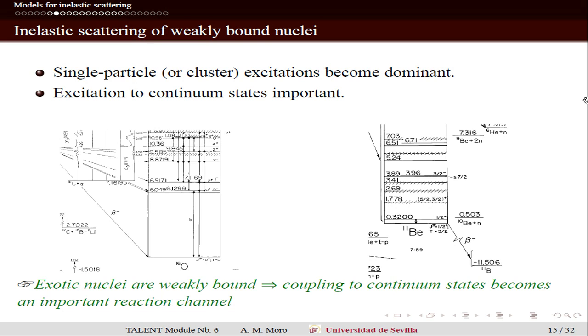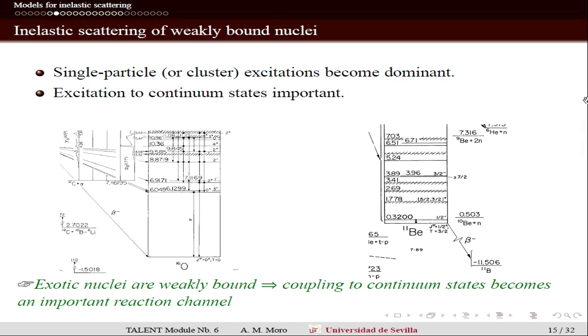But in general, for a well-bound system, like oxygen-16, the breakup threshold is a few MeV in excitation energy. So in a reaction at a few tens of MeV per nucleon, the population of these states in general is weak. Well, you can go to higher kinetic energies and of course populate very high excited states, but at low intermediate energies this part of the spectrum is not that important.